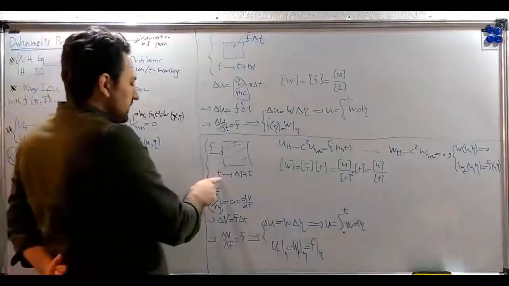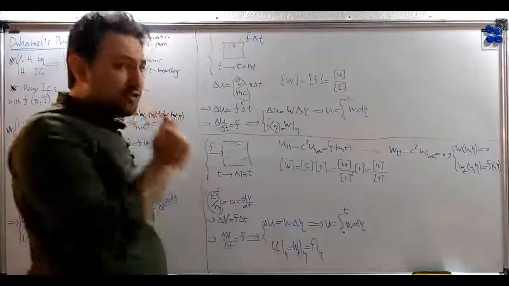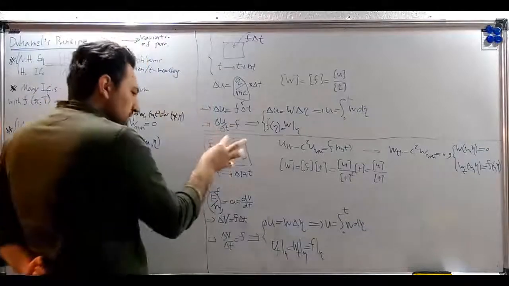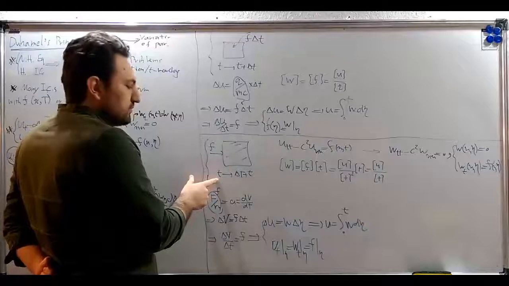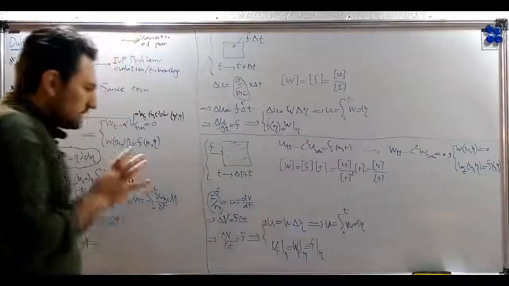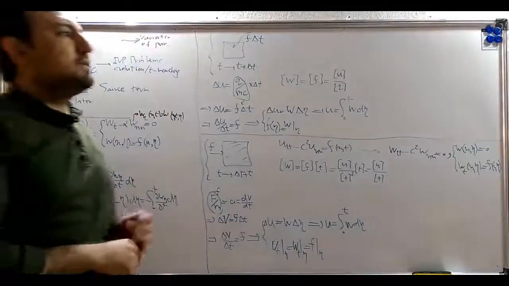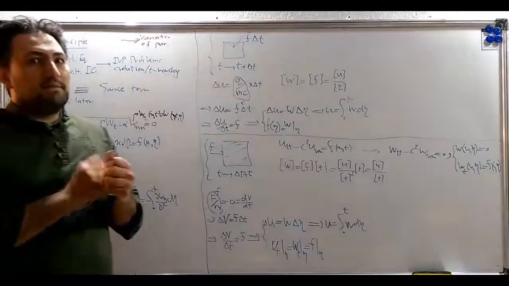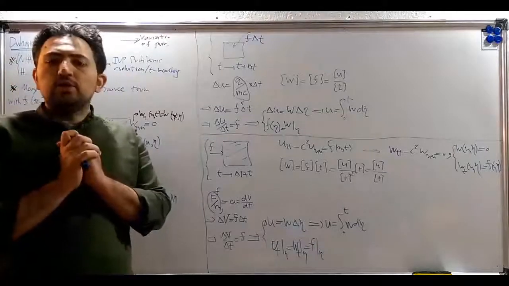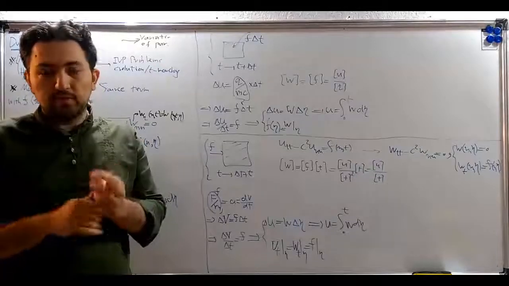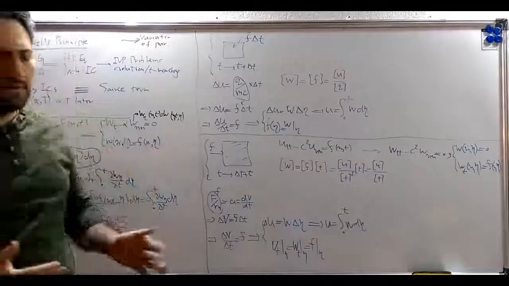The variation of this force will change the velocity of this string from time t to time t plus delta t. Delta t is the time interval, and when you exert a force on a system, obviously based on the second law of Newton, the velocity will change and the system will accelerate or decelerate based on the direction of the force.